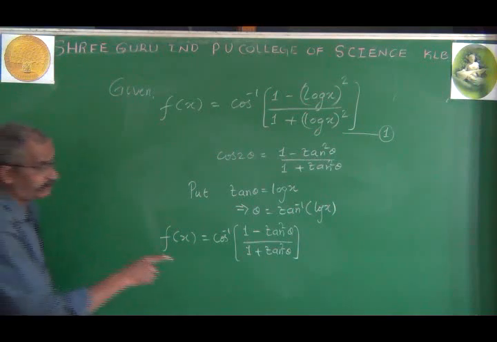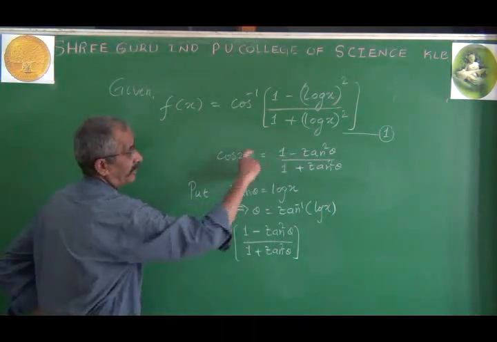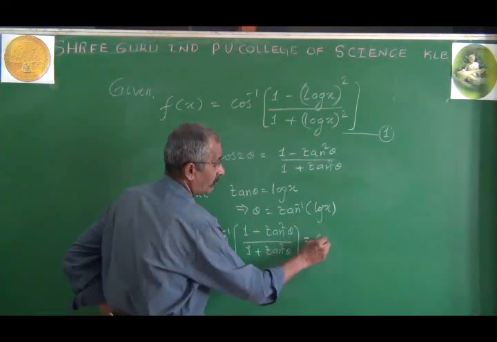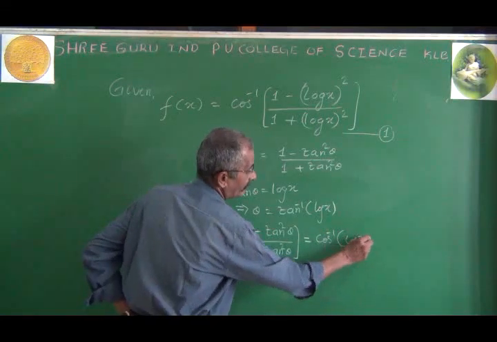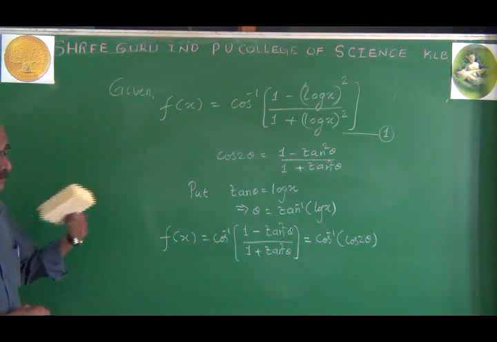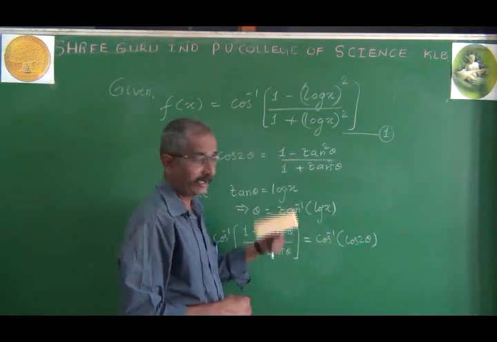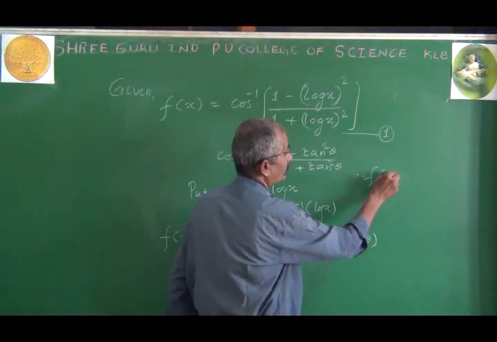The expression in the bracket is exactly in this formula type. It is equal to cos 2 theta, so overall cos inverse of cos 2 theta. Further, by inverse trigonometrical function formulas, as you know, cos inverse of cos of an angle is the angle, so now f of x equals only 2 theta.